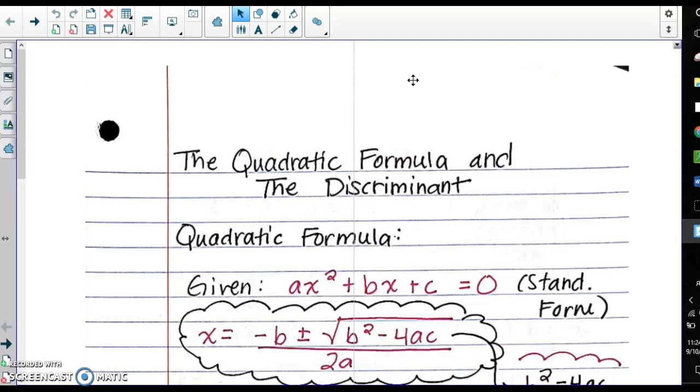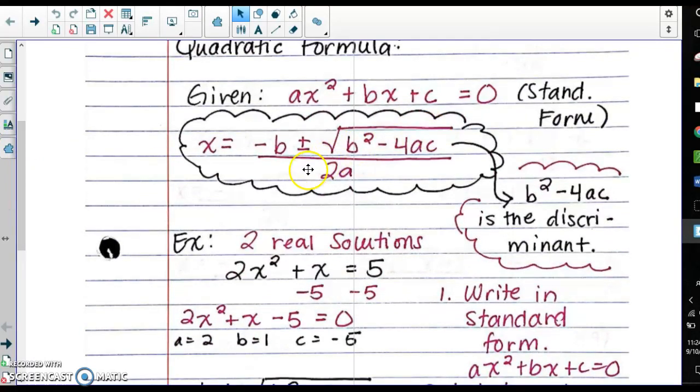All right, so the quadratic formula, as you just saw, is opposite B plus or minus square root of B squared minus 4AC all over 2A. And we get our A, B, and C from the standard form equation, AX squared plus BX plus C equals 0. That's the standard form of your quadratic equation.